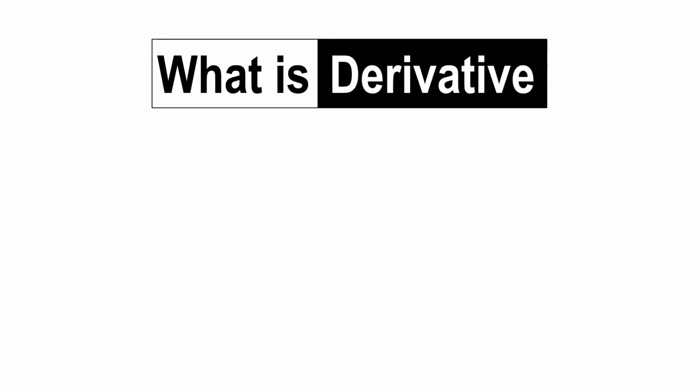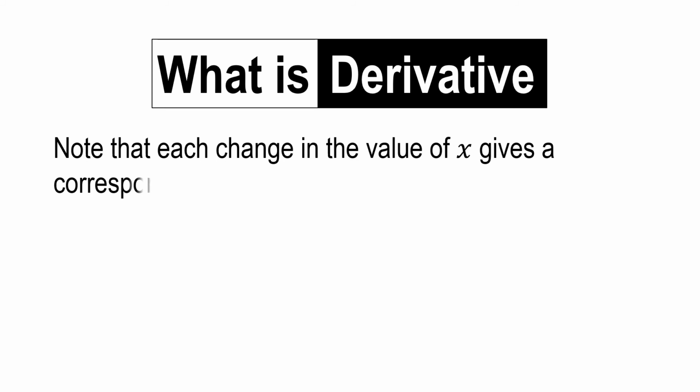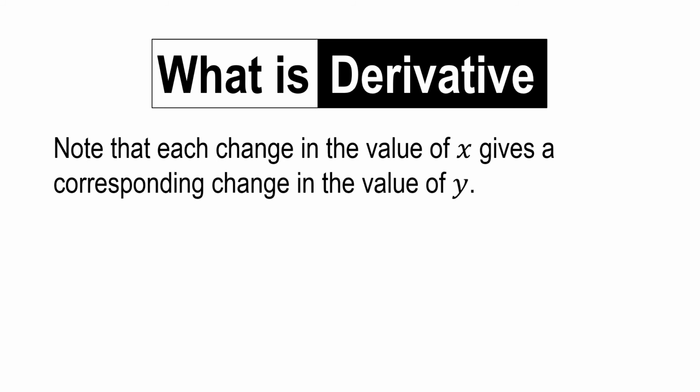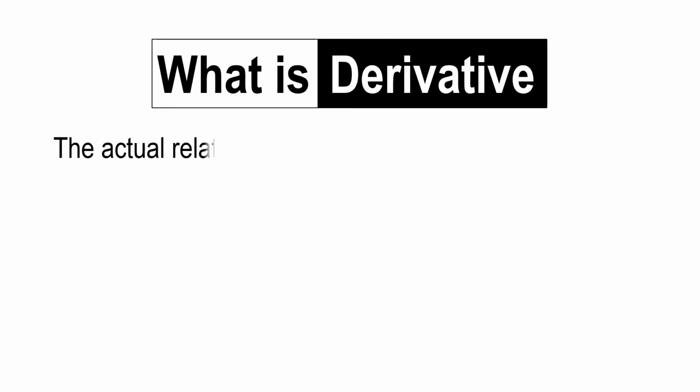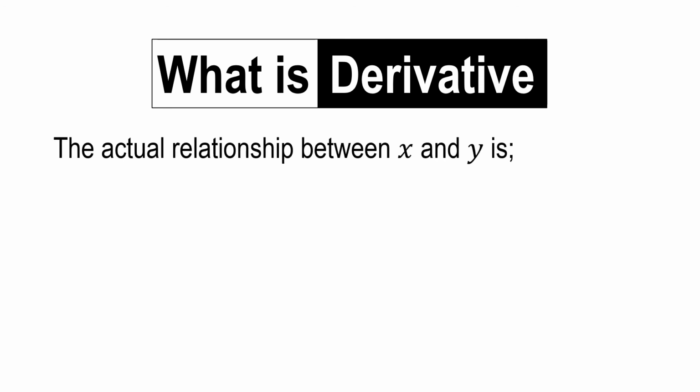Let's try x is equal to 1.02 this time. y is equal to 2 into 1.02 and y is equal to 2.04. Note that each change in the value of x gives a corresponding change in the value of y.